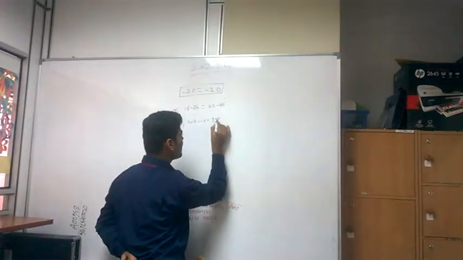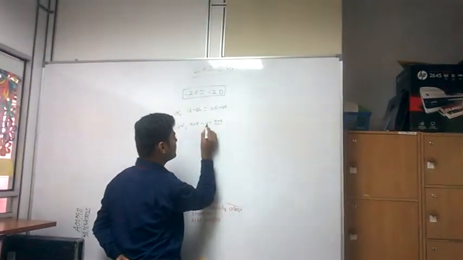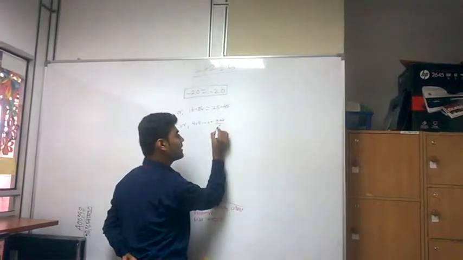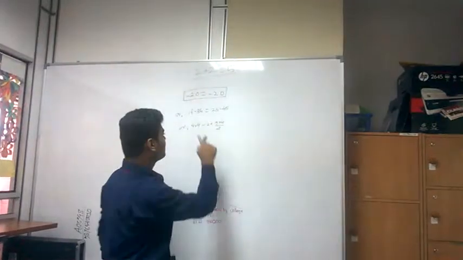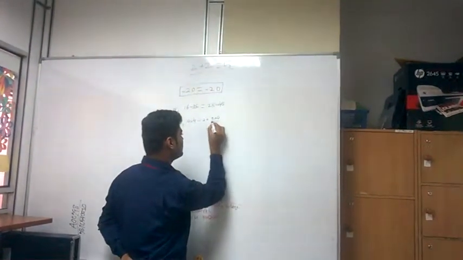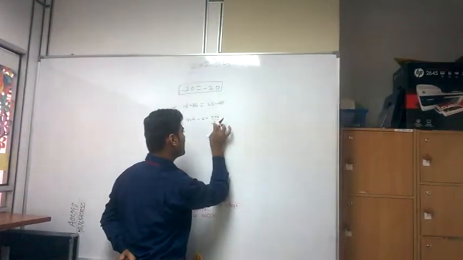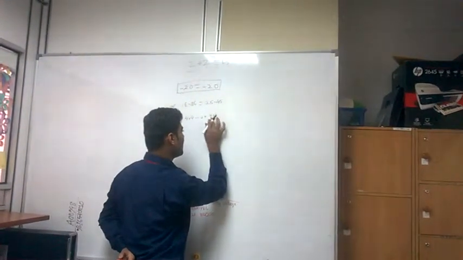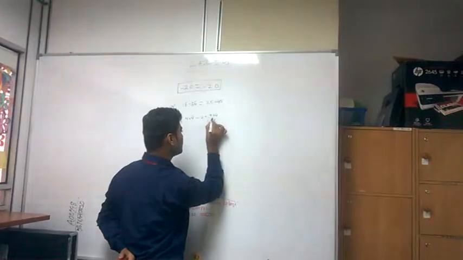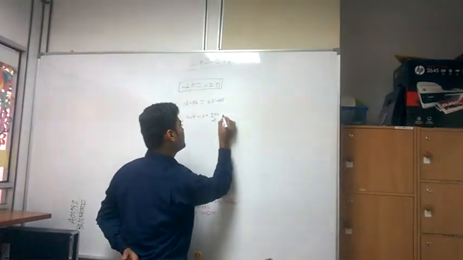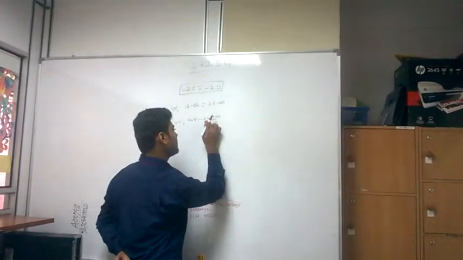This is 9 into 4, 36. But we put 2 here, so of course we have to divide by 2. Now it is balanced. 36 already has 2ab. Now I remove this 2 from here and put 9 by 2. 4 is alone there.